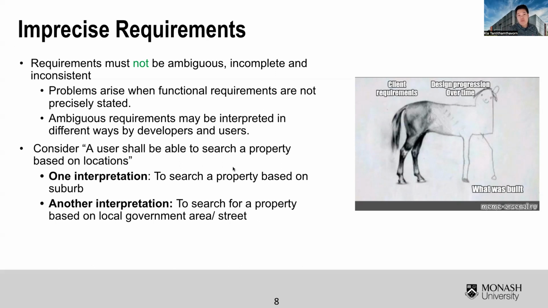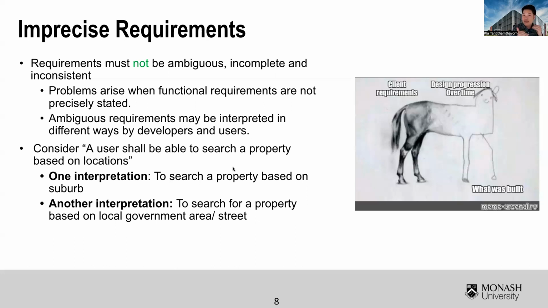So based on this one, right? When we say location, okay, look at the Google Maps location. There are different factors involved as part of the location. For example, street name, street address, street type, suburb, country, postal code, you know. So when we say based on the location, it's unclear. Think about the mobile app when you want to find a rental property, right? It's unclear. What do you mean by the location?